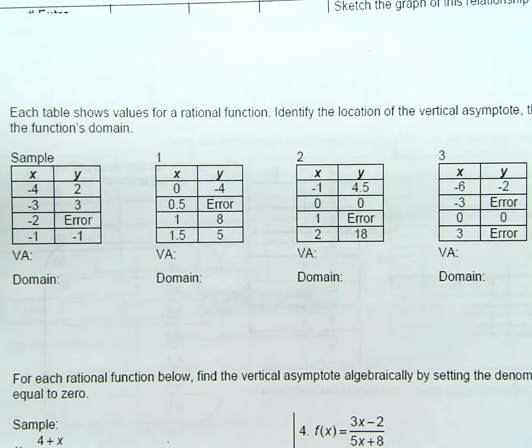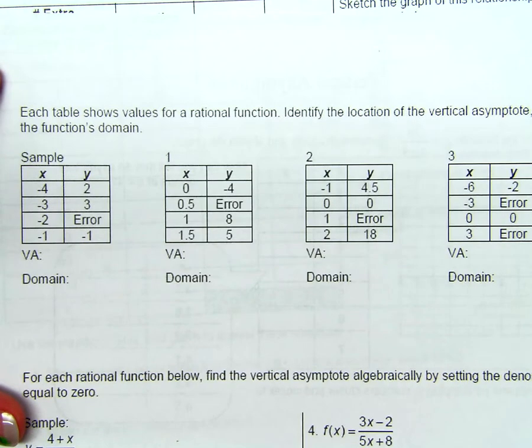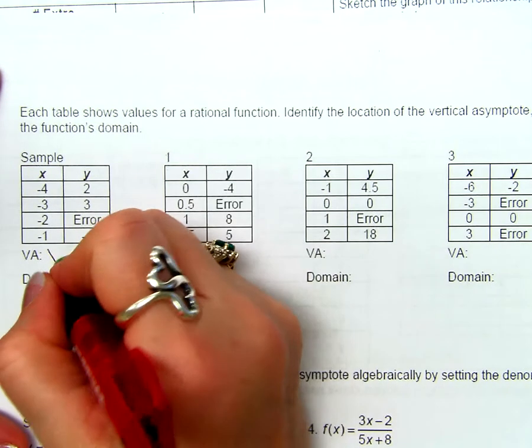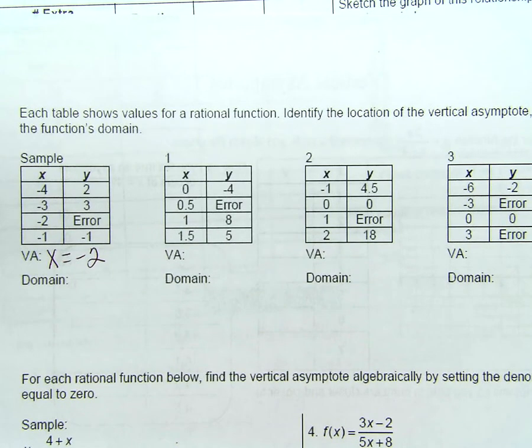For each table showing the values for a rational function, identify the location of the asymptote. Where is the asymptote in this table? X equals negative 2. So here's something different. I love when they ask you questions in the homework that we didn't even talk about in the lesson.